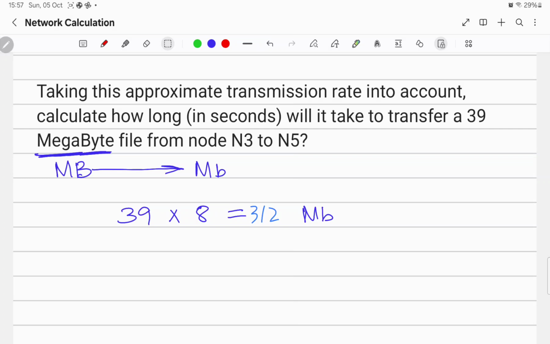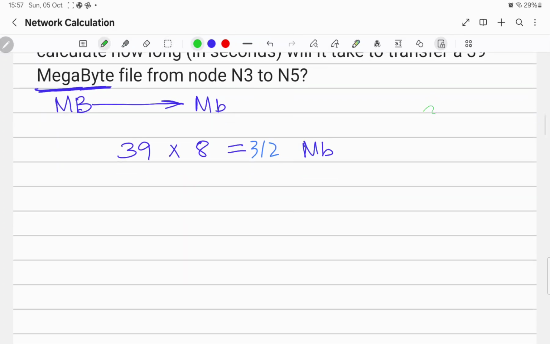So after converting, the next step that we are going to use is, I try by all means all the time to simplify my life. So in cases like this, I have this triangle where I write S stands for size, and then R stands for rate, and then T stands for time.